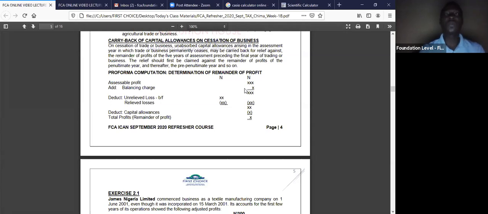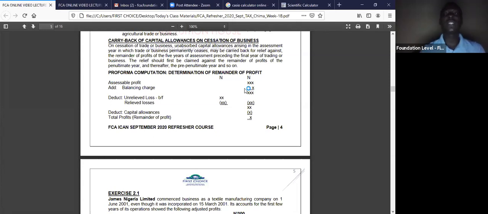Now, the government is more particular on what a businessman stands to gain when he has unutilized capital allowances during cessation of business.